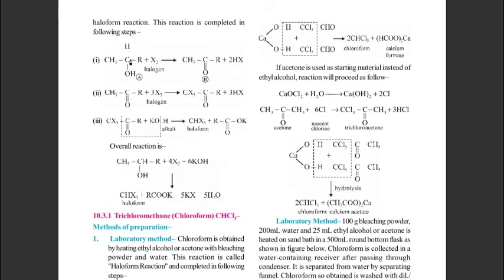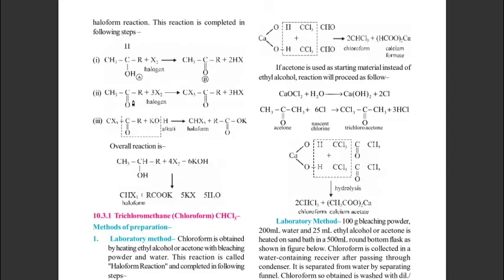Now let us discuss the different steps of the haloform reaction. This reaction is completed in 3 steps when our compound is an alcohol, primary or secondary alcohol. When it is treated with halogen, then after the first step we get structure B. This H combines with X and a double bond appears between this carbon and oxygen.